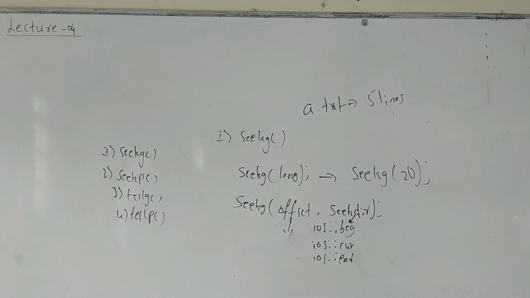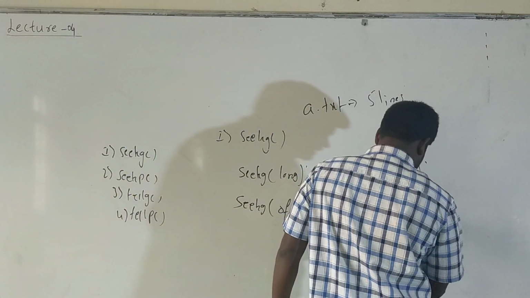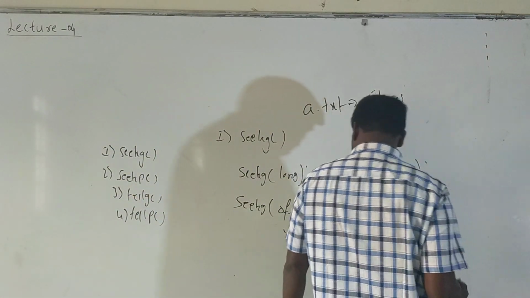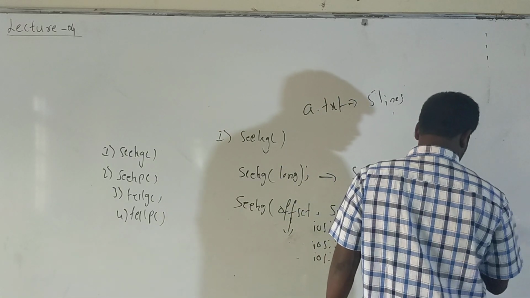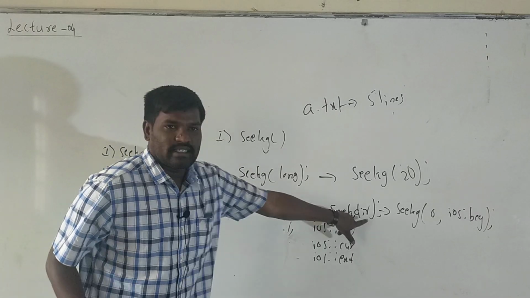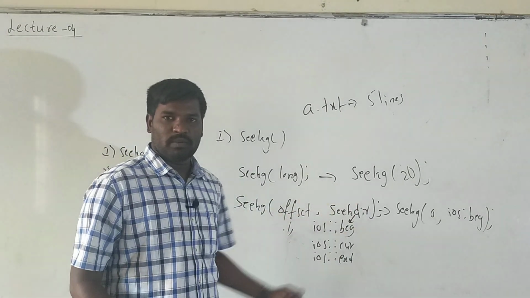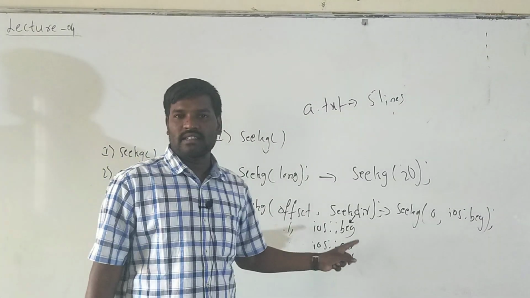And second one is seekg. See here, seekg 0, ios scope resolution of beginning. Seek direction means you have to mention ios scope resolution of beginning, current, end.